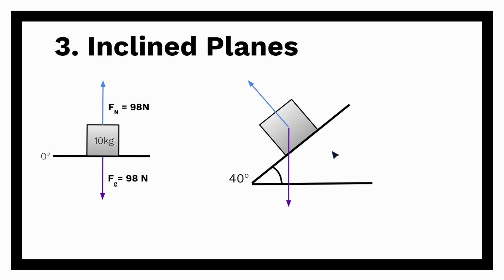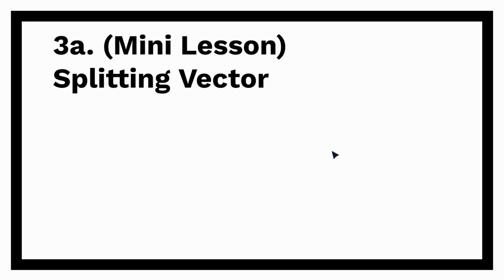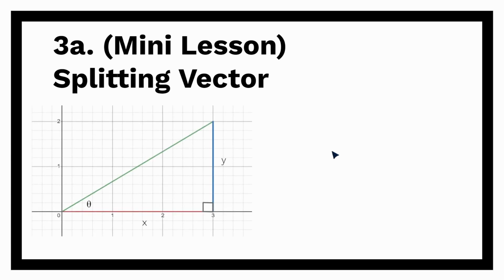Well, mini lesson. Sorry to get off track for a little bit, but this will be really important. So we start with some vector that we have in the xy plane, and we're pretty good with splitting things up into x and y components. However, how do we find these x and y values? Well, we can use trigonometry, and this is just a very brief trigonometry recap.